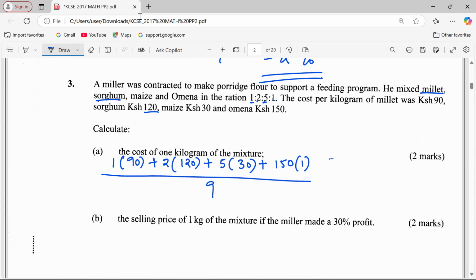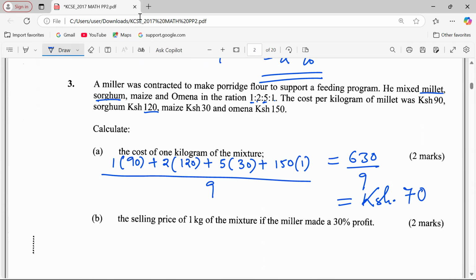Let me get this multiplication now. 90 plus 240 plus 150 plus 150, 630 over 9. So when we divide by 9, you discover that a kg of the mixture is costing 70 bob.